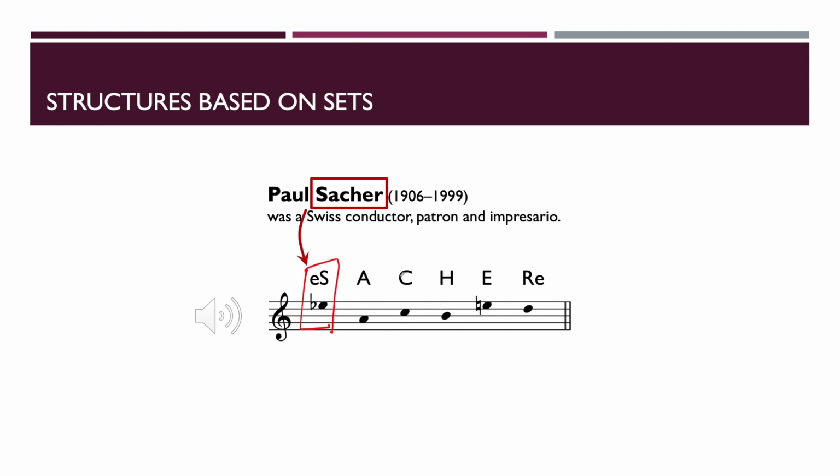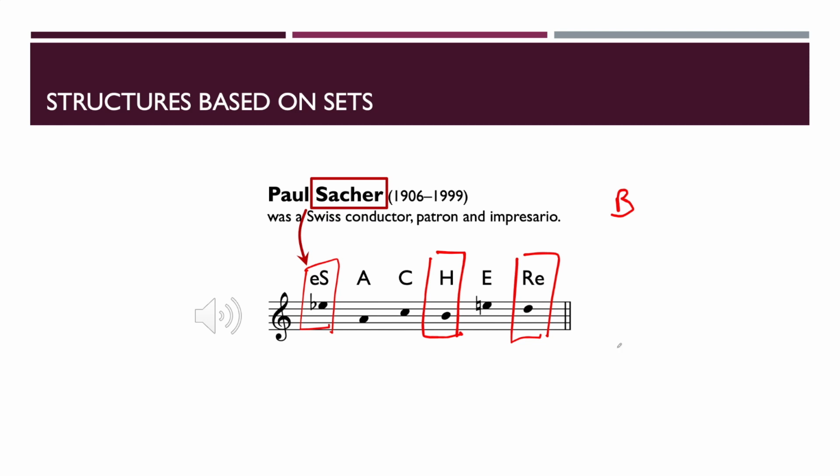So A, C, it is the same in English and German, A and C. H, this H corresponds to B natural also in German. In German, H means B natural. If you write only B, that means B flat in German. This is the difference between German and English. So H means B natural, and then E is the same. And R with an added E after that, it means Re. That means D.